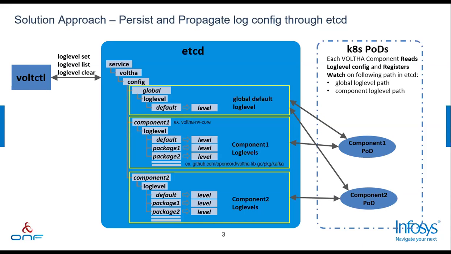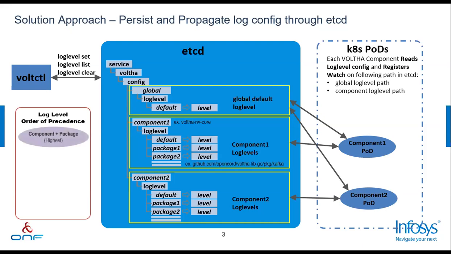Now, in a running pod, one other aspect I want to touch upon is the precedence we have used. The log level order of precedence matters because you can configure the log level at package level, component default, and the global default. So if there is any log level configured at the component plus package level for a package, that package would use that log level.